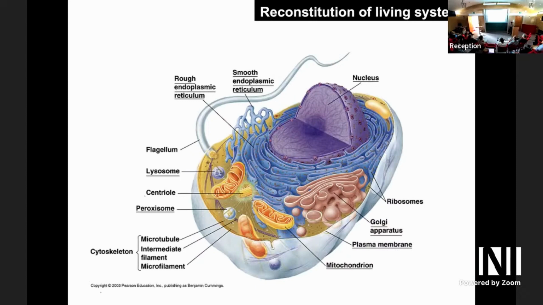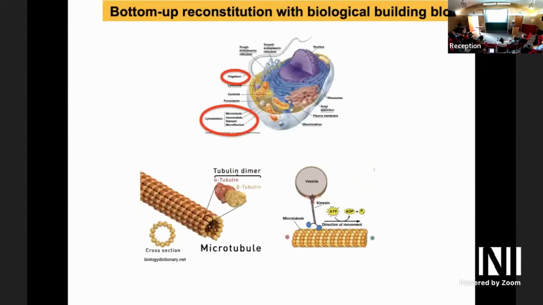I will focus mainly on two structures, so cilia and flagella, and the cytoskeleton, so the active network that we have in the cytoskeleton. Now, for both topics that I will show you today, the biological building blocks that I use are microtubules and motor proteins.